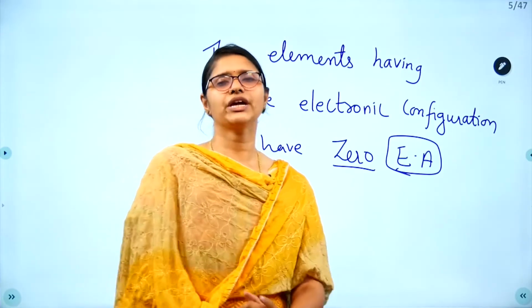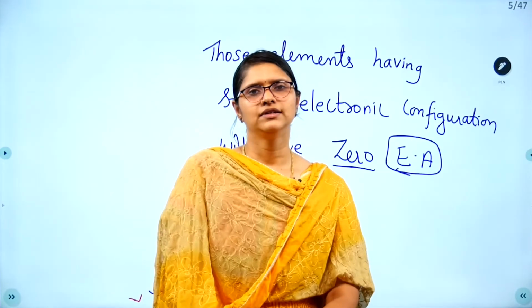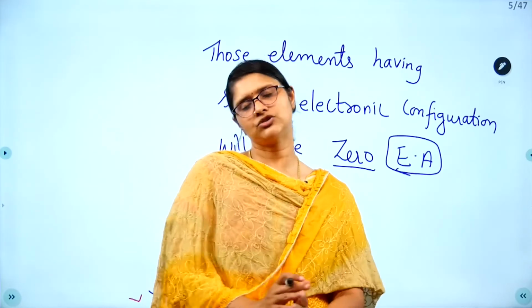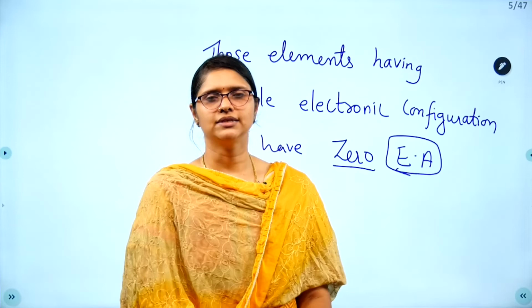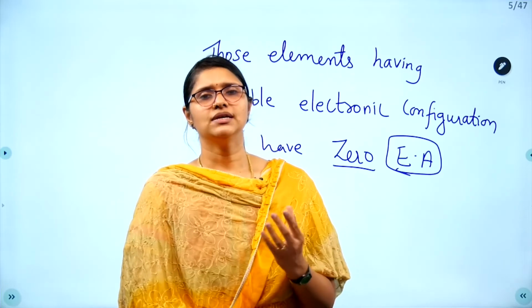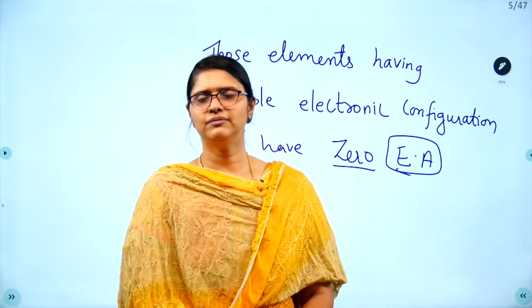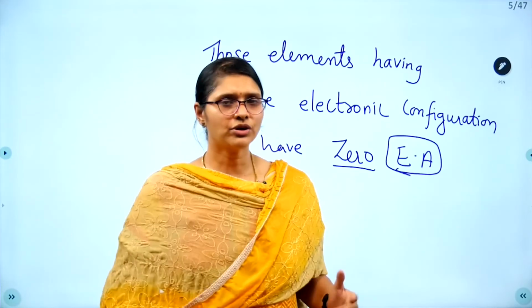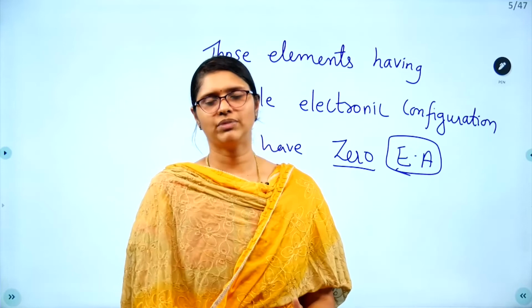And especially if you take noble gases, rather than being even 0, it will be positive. You know the electron gain enthalpy is normally negative. But here, since they are completely filled, they don't even try to accept. But you can make them accept by supplying energy.